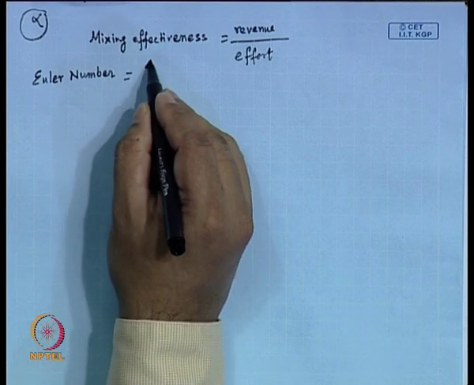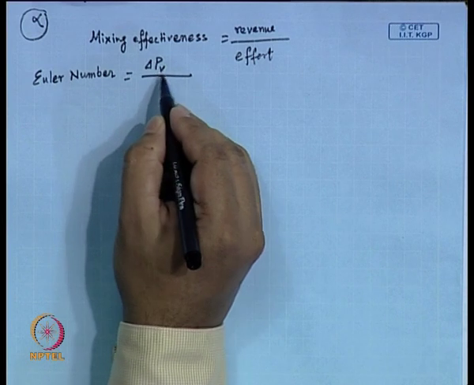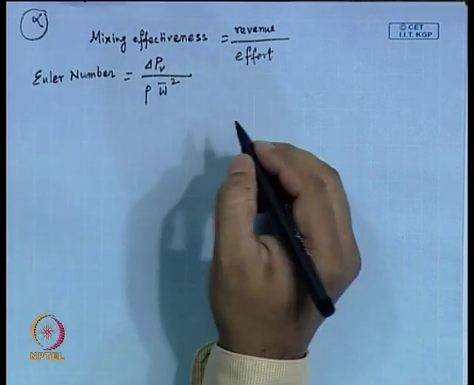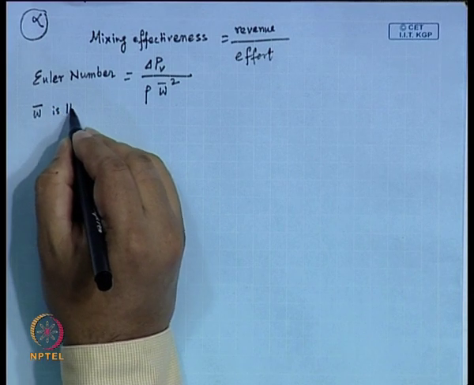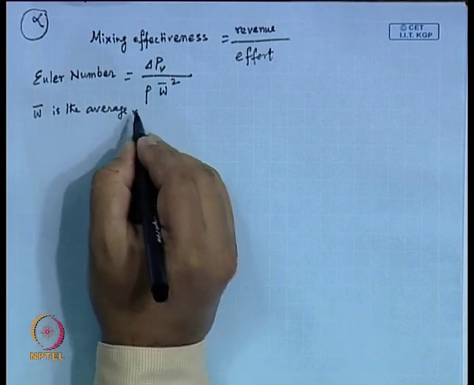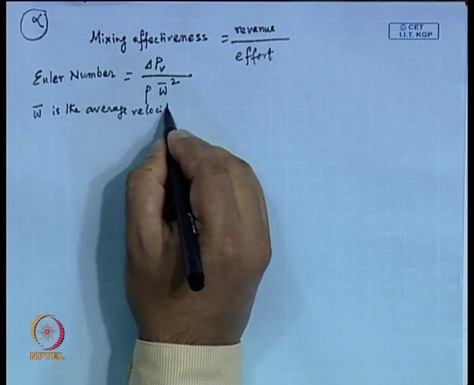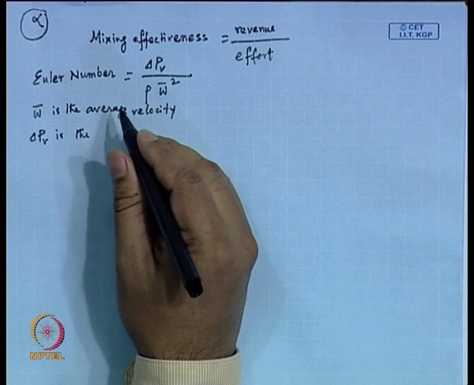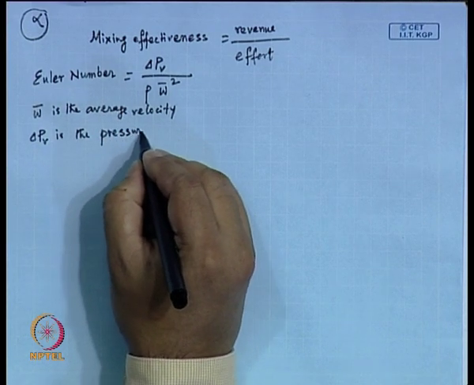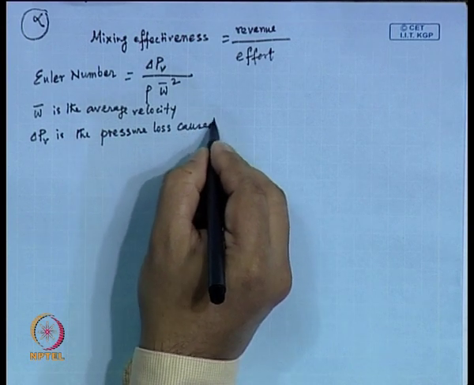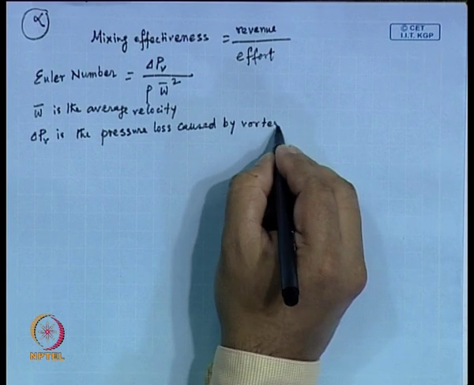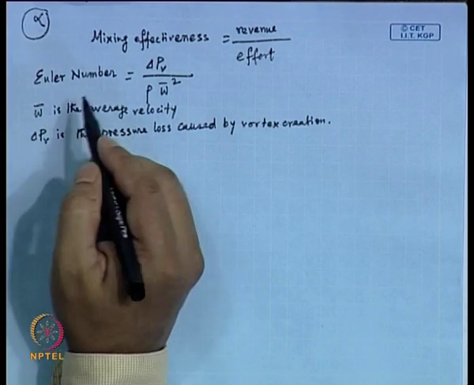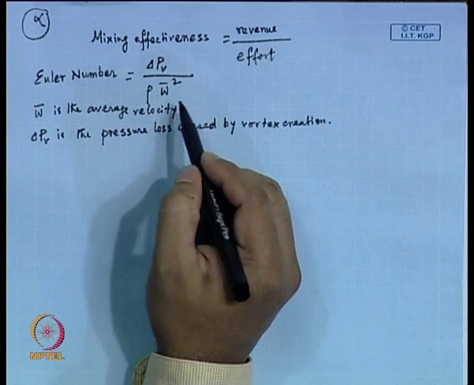If there is a vortex element involved, the Euler number is delta p v divided by rho w bar square, where w bar is the average velocity and delta p v is the pressure loss caused by vortex creation.